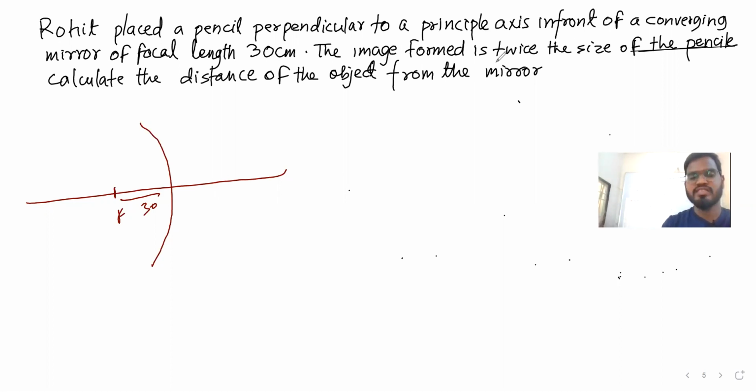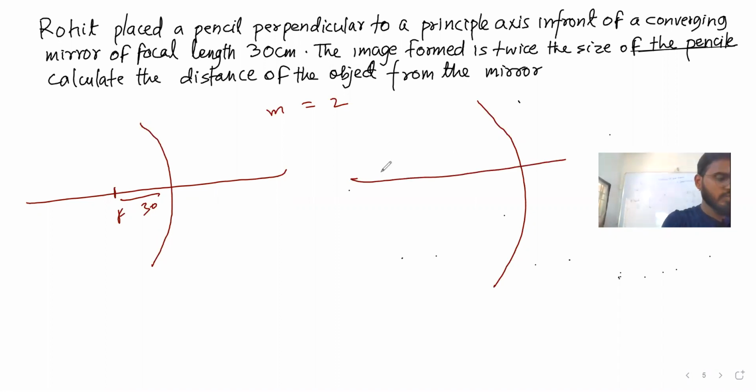The image is twice the size, so the magnification is how much, guys? 2. So two cases we can frame. Magnification is 2, and in this case also it is possible. In one case you can place the object somewhere here, and in another case we can place it here also, right? So two cases here.